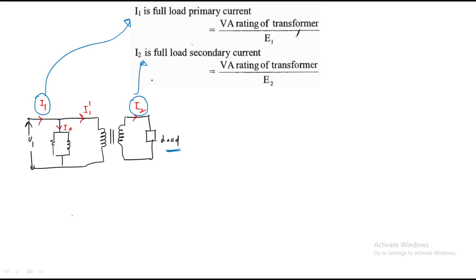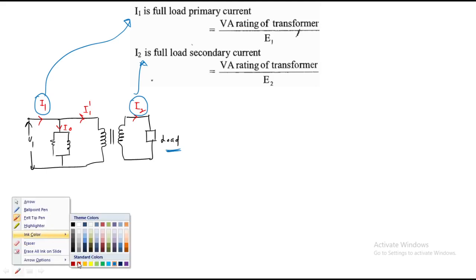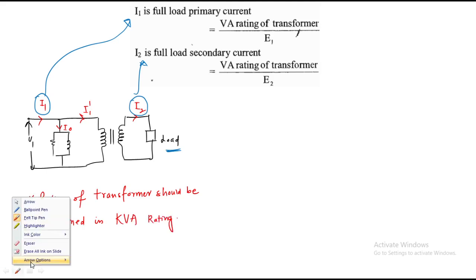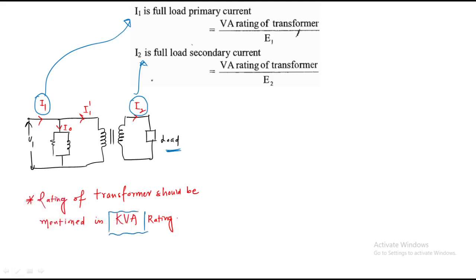The VA rating of the transformer. A very important point: the rating of a transformer should be mentioned in kVA rating. What is the reason behind this? I will explain later. But the rating of a transformer is mentioned in kVA only.